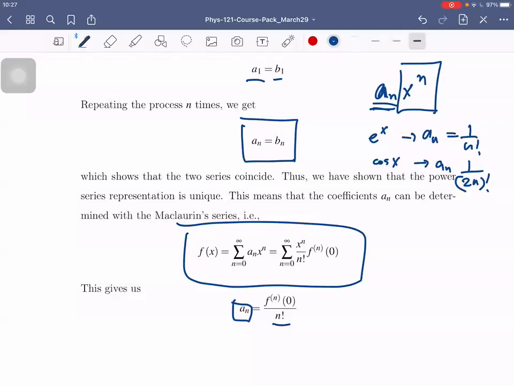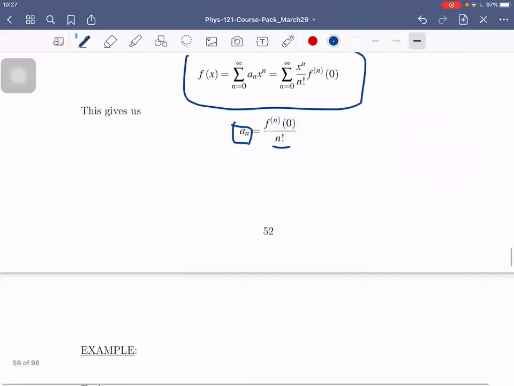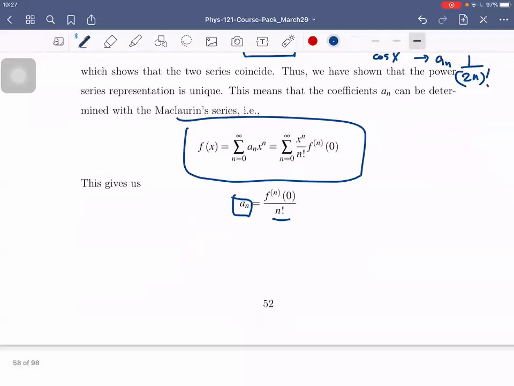So, yan yung pag-generate ng coefficients. Tama? Okay? So, halimbawa, you have an infinite series. Kapag tinanong ka, what is the 17th coefficient? Definitely, para makuha mo siya, you have to take the 17th derivative evaluated at 0 over n factorial.